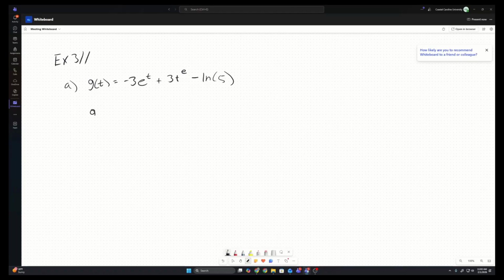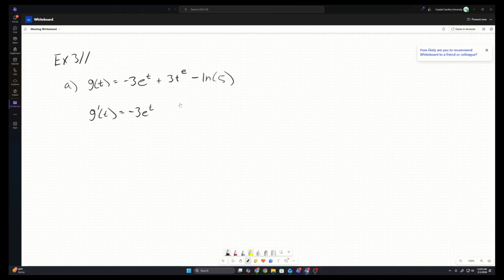Now, we want to find g prime of t. Don't be freaked out. They're just replacing x with t. It's not really changing the problem too much. So if I look here, e, a number, but raised to a power, that's t. That's a variable. So my derivative is just the same thing. It doesn't change at all. The negative 3 stays in front. No change.